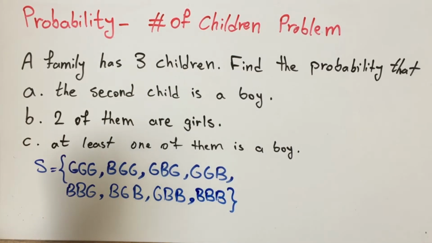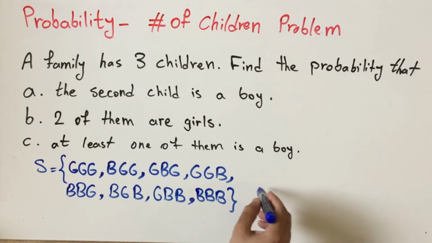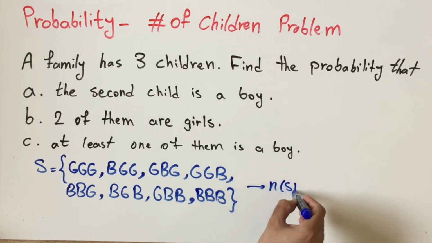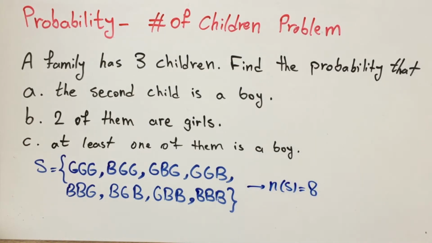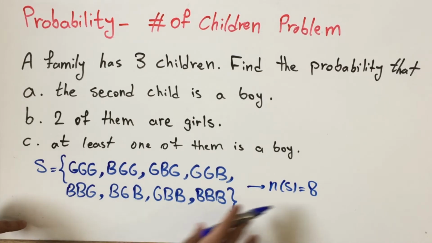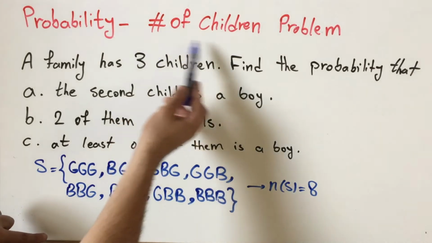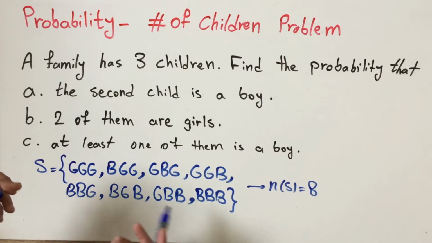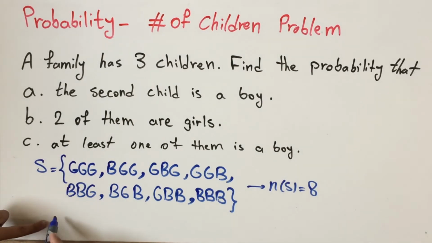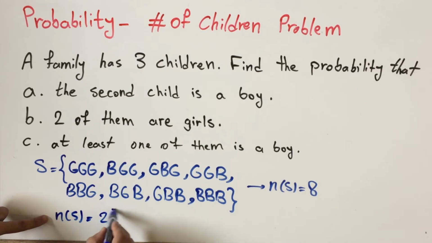Okay, so now how many possible results do I have here? As you see, these are 8 items, so I can say n of S is 8. By the way, there is another way to find that number, using a formula. This formula only works when you are discussing the gender of children in a family. n of S is 2 to the power of the number of children.